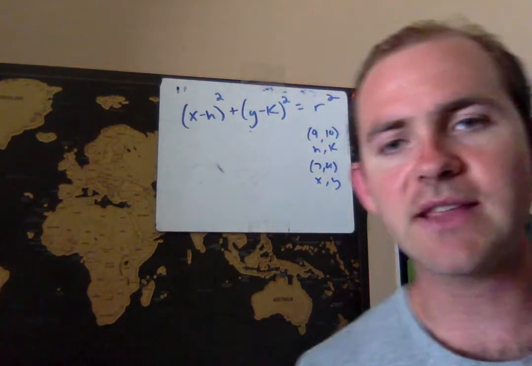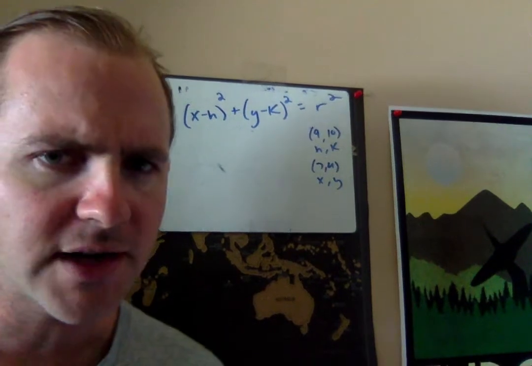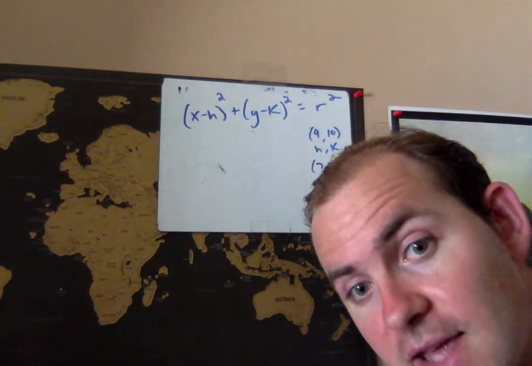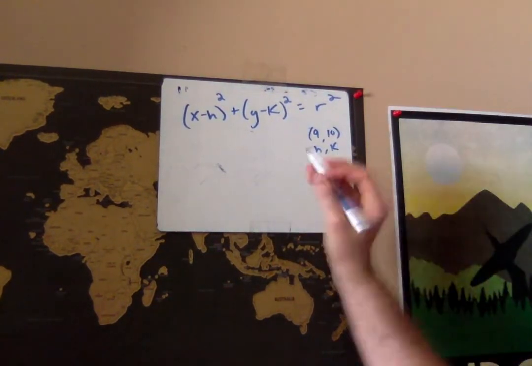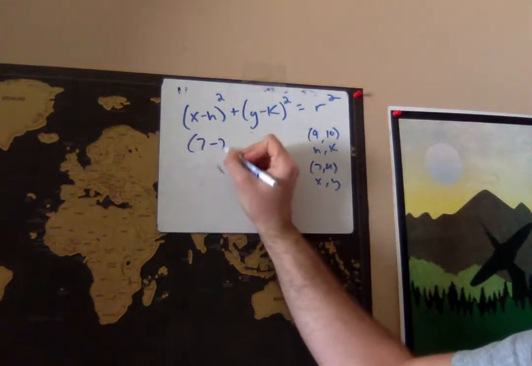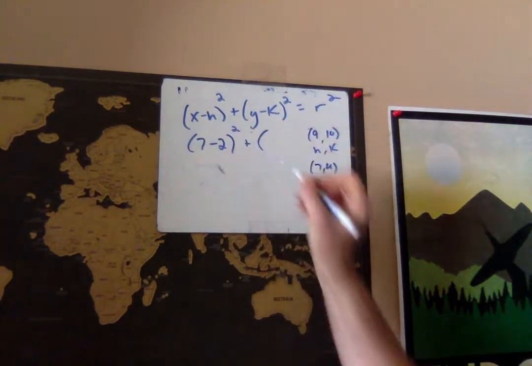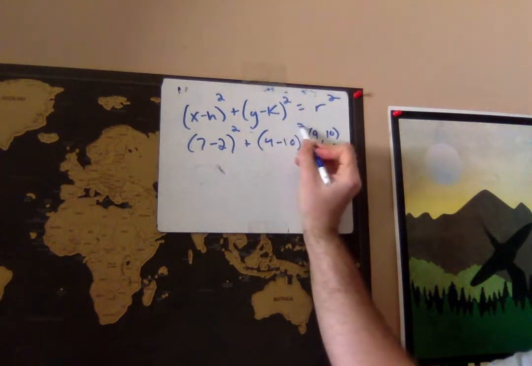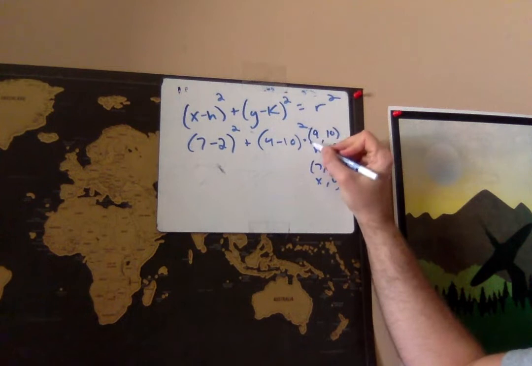So to write the equation of the circle, all I'm going to do is plug both those things in, find the radius, and then I can write the equation of the circle using h, k, and r. Let's go. So what's x? X is 7. So I'm going to have (7 minus 2) squared plus (4 minus 10) squared equals r squared.